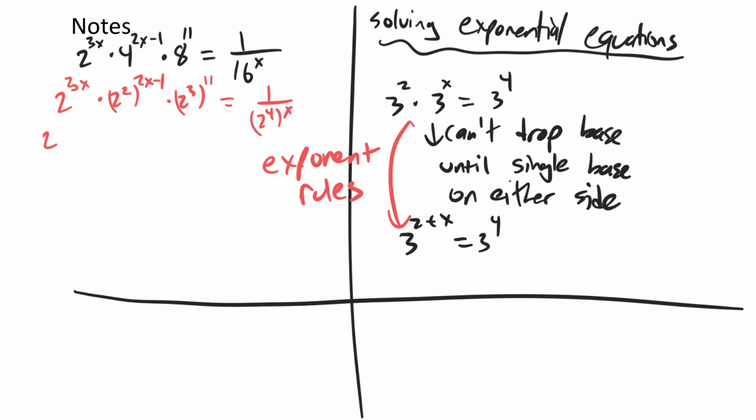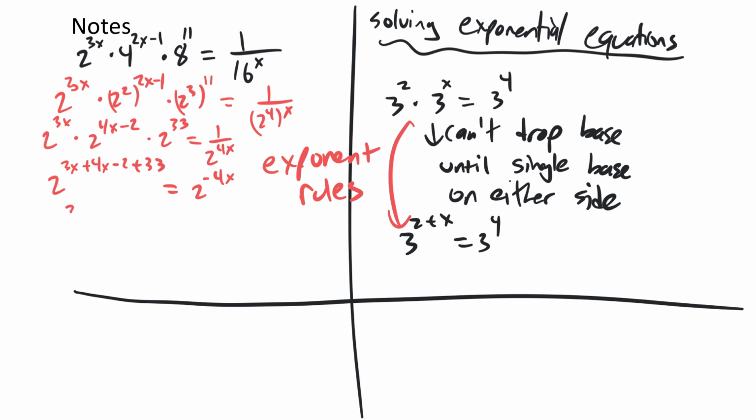Now we get 2 to the 3x, 2 to the 4x minus 2, 2 to the 33 equals 1 over 2 to the 4x. All right, we can combine these. So 3x plus 4x minus 2 plus 33. And over here, we should make that negative, so 2 to the negative 4x.